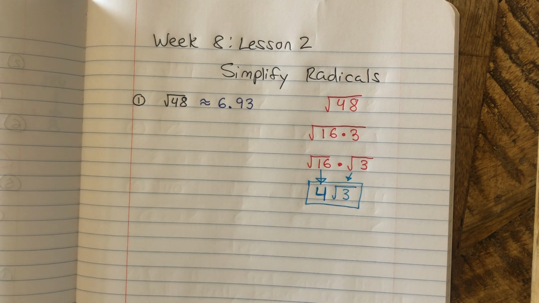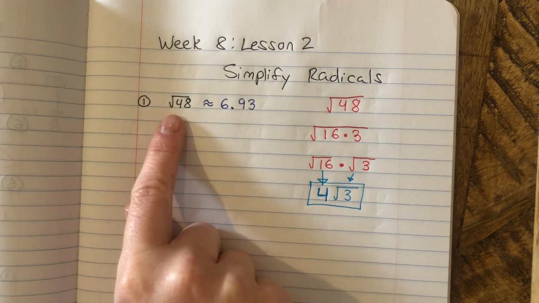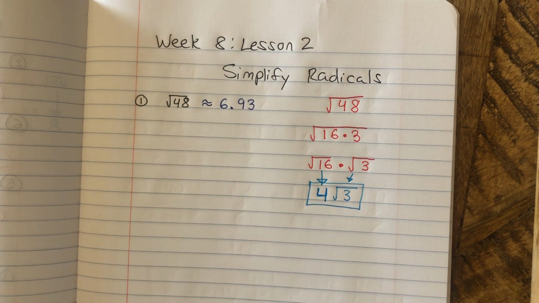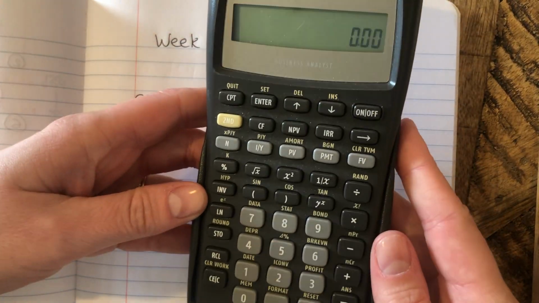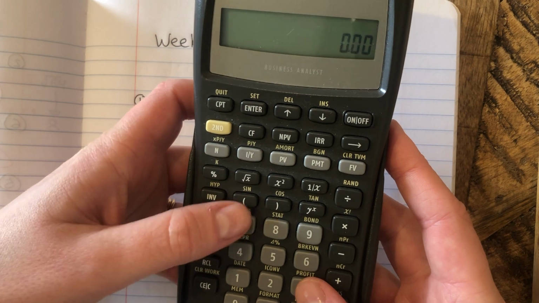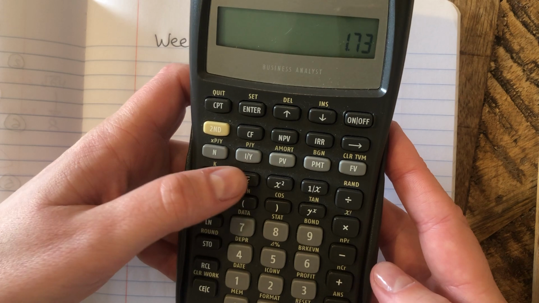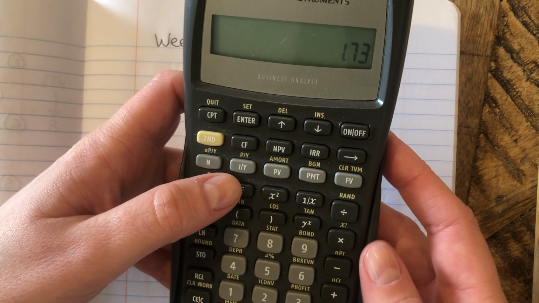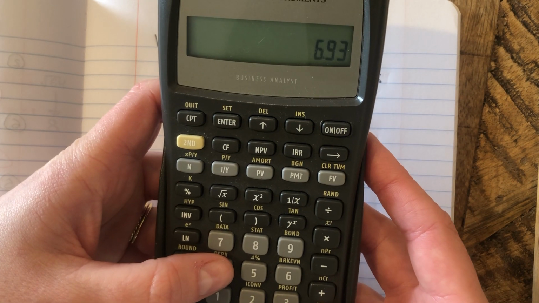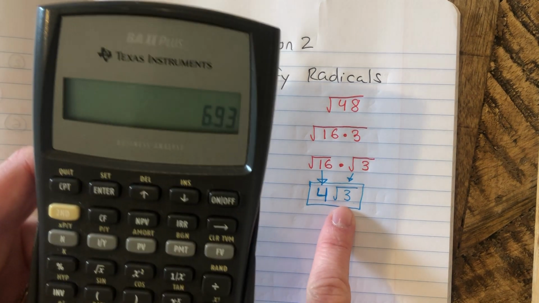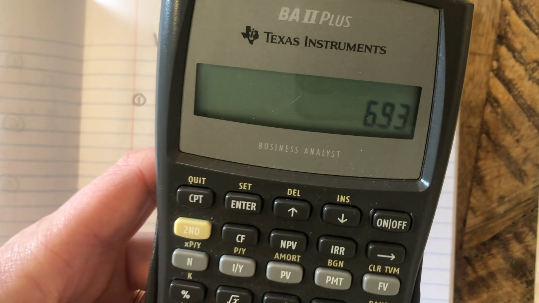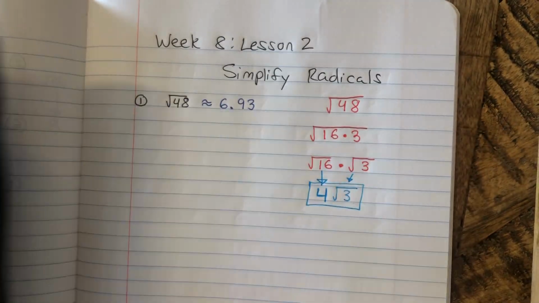And now let's bring it back to where we were earlier, where we put in the square root of 48 in the calculator and we got 6.93. But I can also type in the square root of 3 times 4. So I did the square root of 3 times 4, and I got 6.93.